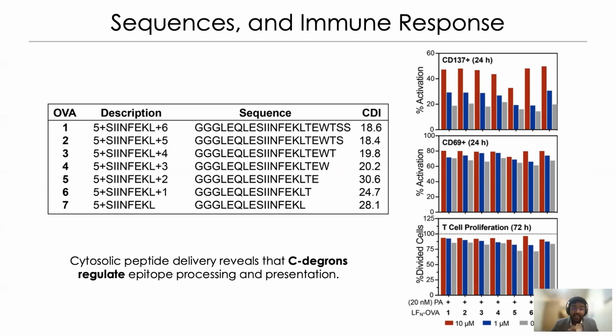And we wanted to see how the cytosolic peptide delivery would be affected by the C degrons, essentially with the epitope as SIINFEKL here and adding one amino acid at a time on the C terminus. We wanted to see how that is going to affect the immune response or even the protein stability at first.